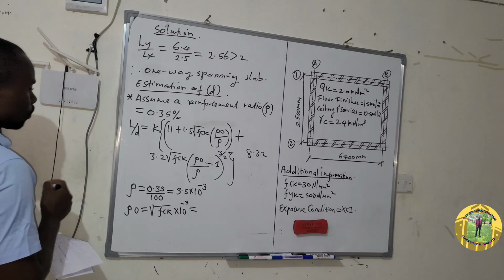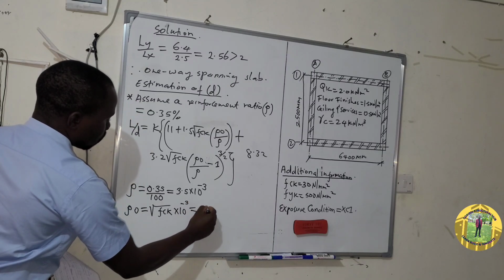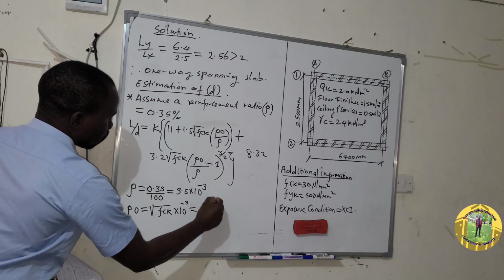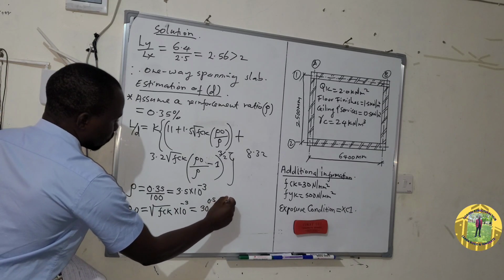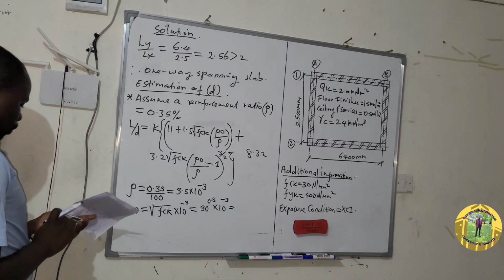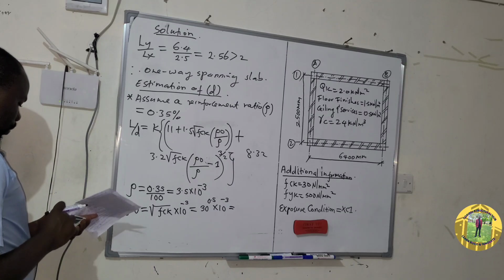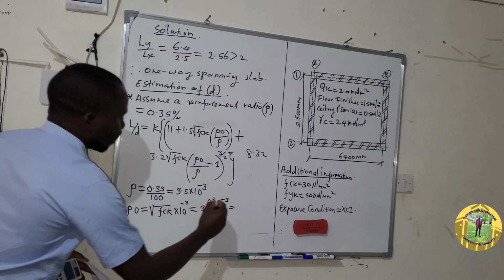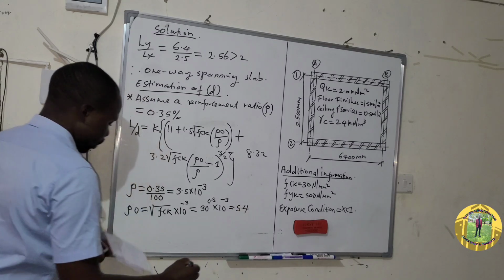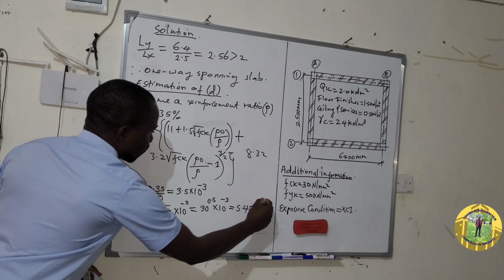So this one is equal to FCK is 30, so 30 raised to power 0.5 or a half, or square root of 30, times 10 raised to power negative 3. So this is 5.48 times 10 raised to power negative 3.